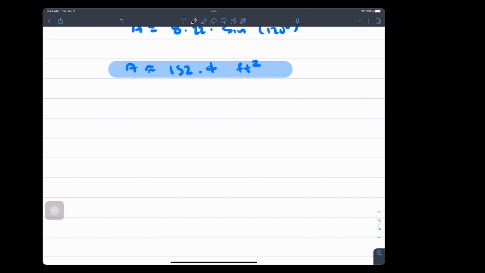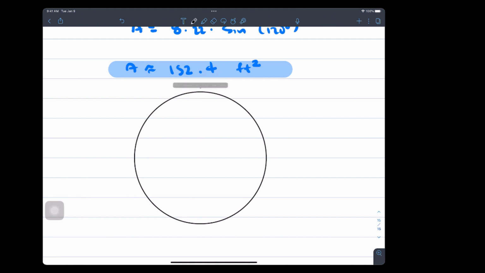I want to draw a circle here. Here's my center. Okay.